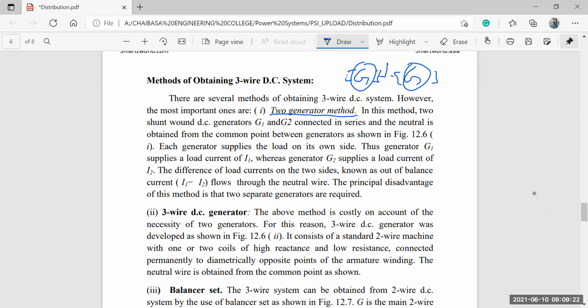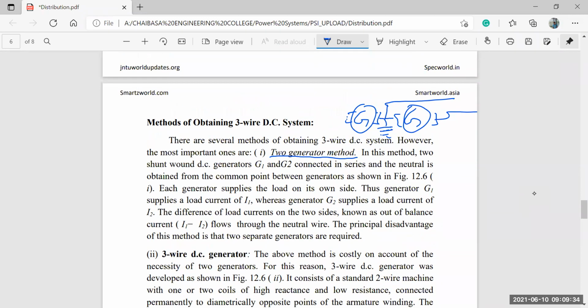This would be the neutral, and grounding would be there, and from this one line would be taken, and from this one line we'll get, right? That is your three-wire system in the generator method. Okay, this generator used to get, right? Yes, sir.